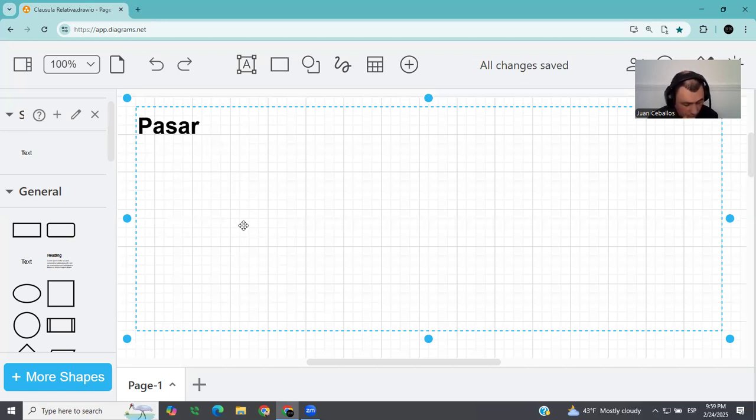So, to pass by: "by" in this case will be por. In Spanish, to pass by will be pasar por. We are using the preposition por.